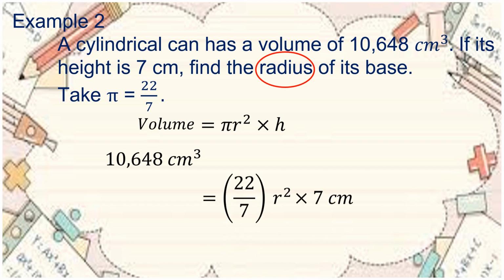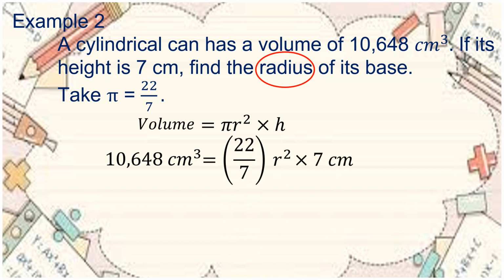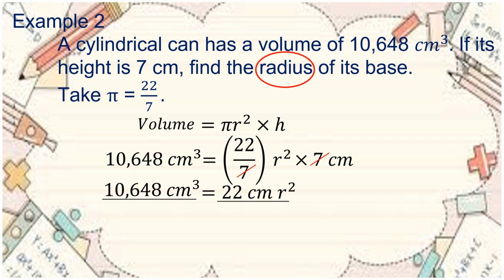So in doing this, we have 10,648 cubic centimeters is equal to 22 over 7 r squared times 7 centimeters. We can cancel 7 and 7. So we will be having 10,648 cubic centimeters is equal to 22 centimeters r squared. Dividing both sides by what number? Very good. By 22 centimeters. Then we are going to cancel 22 centimeters in the numerator and 22 centimeters in the denominator.